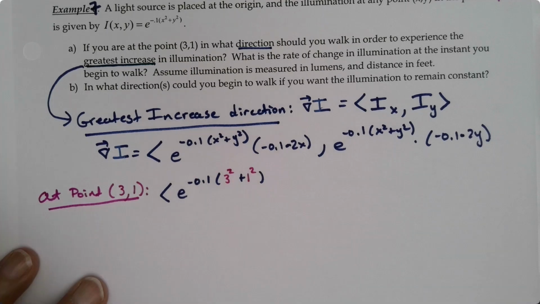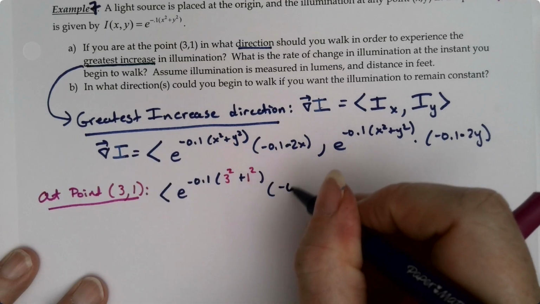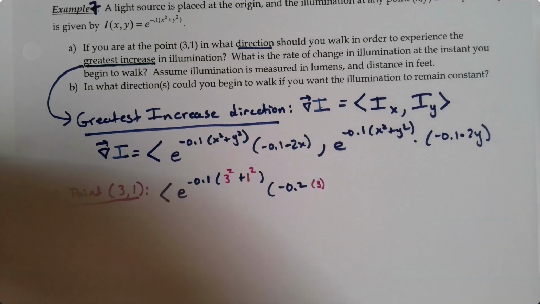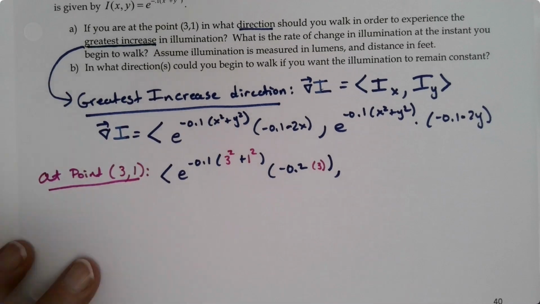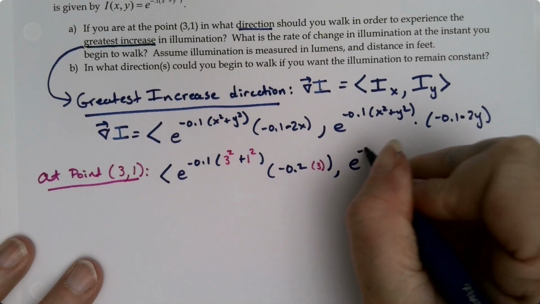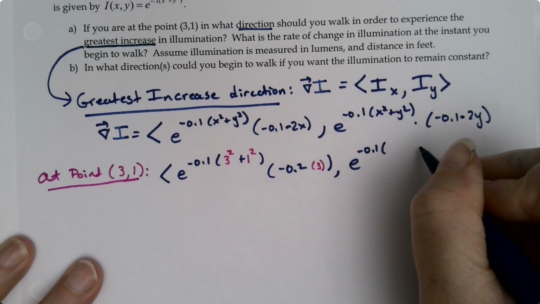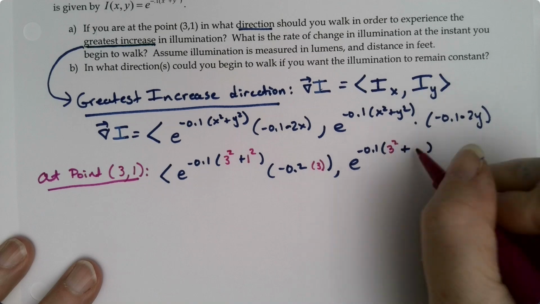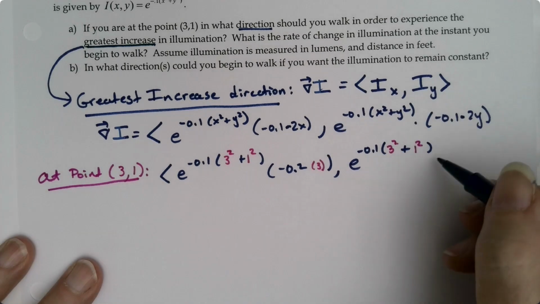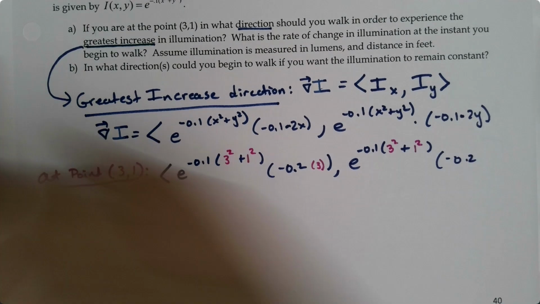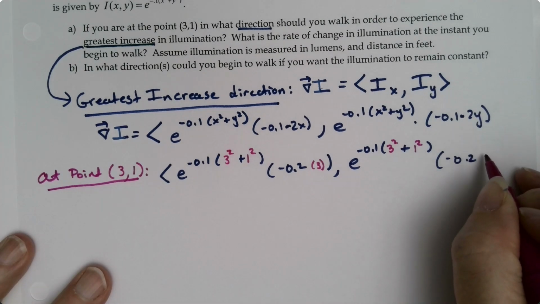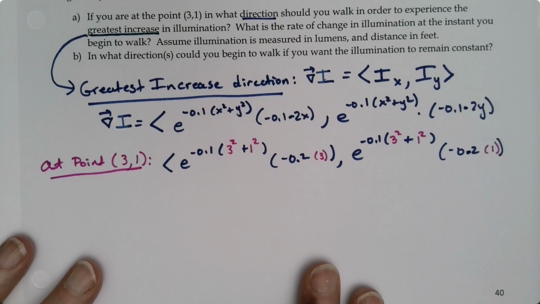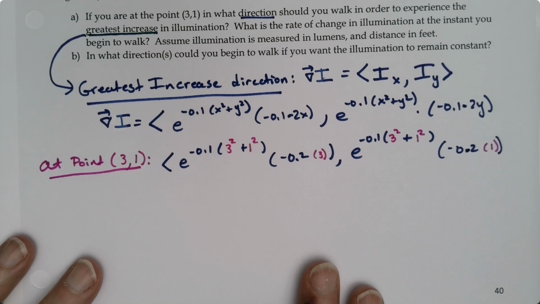And then we're going to multiply it by negative 0.2 times 3. And then we'll do it again for the other one. E to the negative 0.1, right? And that'll be, again, 3 squared plus 1 squared. And we'll multiply it by negative 0.2 times 1. Like that.